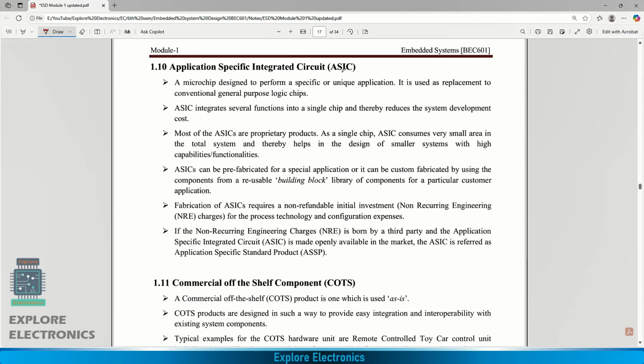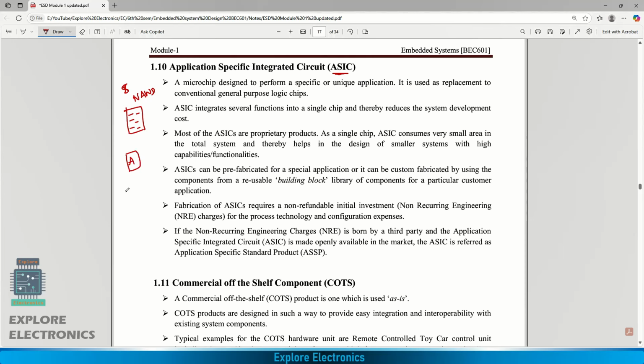Then come application specific integrated circuits. These are one-time programmable. At the time of manufacturing only, these ICs are programmed to do certain functionality. You may see some ICs in your lab. It can be a NAND gate IC, which will do only NAND gate functionality. It can be an IC that does addition, meaning an adder IC.